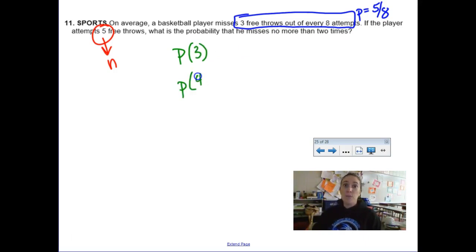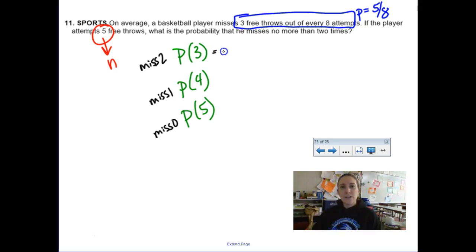So miss 1, he makes 4. Well, what if he misses nothing? That means he makes 5. So this would be miss 2, miss 1, miss none. You could have kept it in terms of missing free throws, and in that case the probability of success would have been 3/8, but then you have to think about succeeding as missing, and that's really confusing to me.